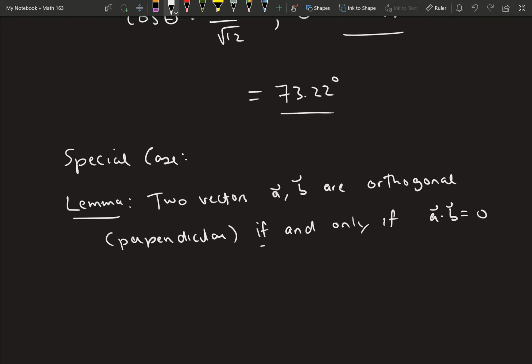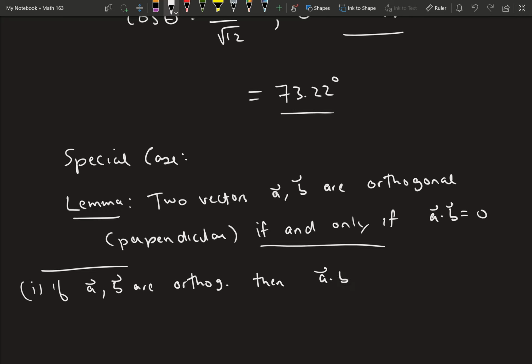So what does this if and only if mean? This means two things. If A and B are orthogonal, then A dot B is 0.